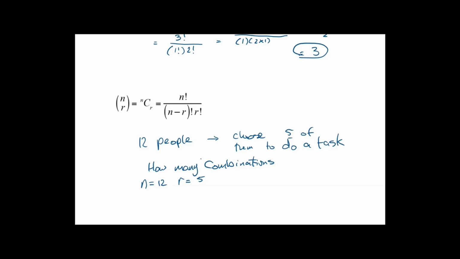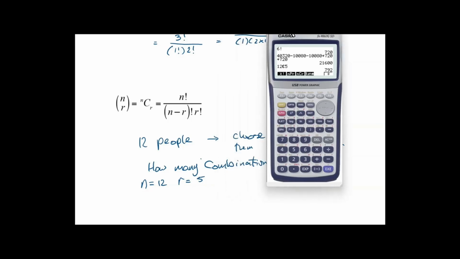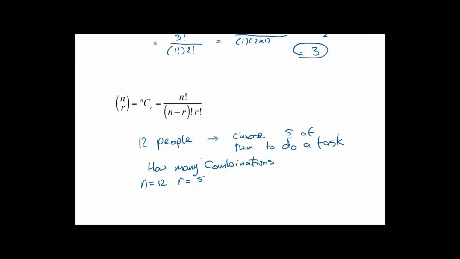So we would grab our calculator and go to this key here. There are 12, we're going to choose 5. So there are 792 different combinations in which we can choose 5 people.